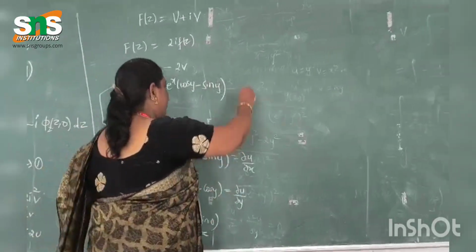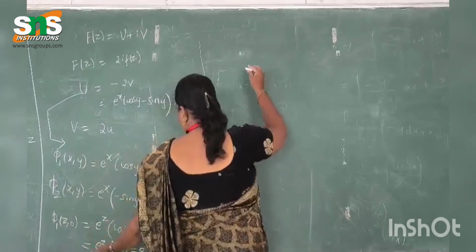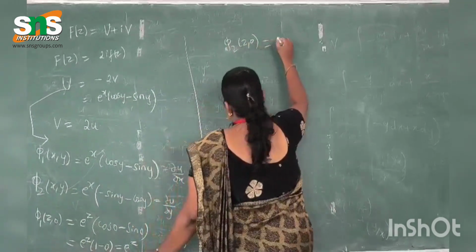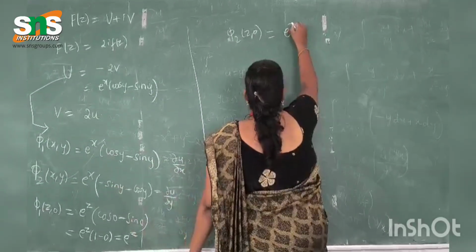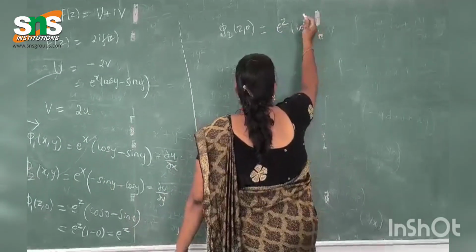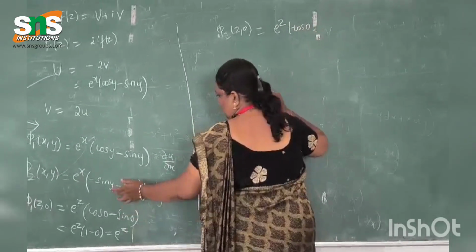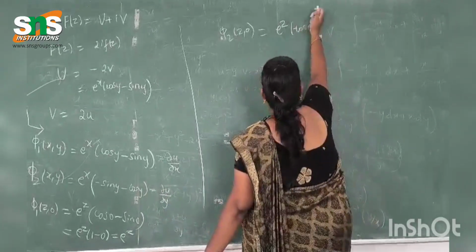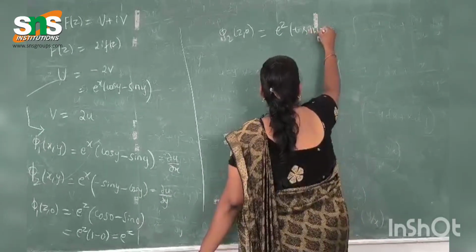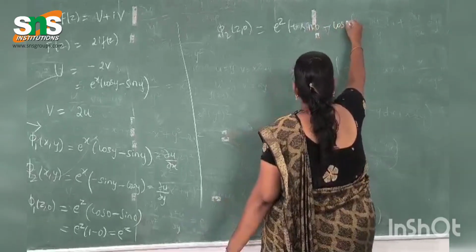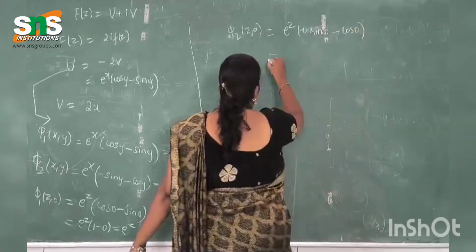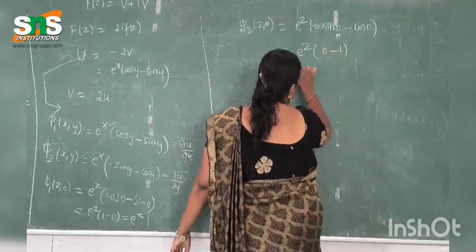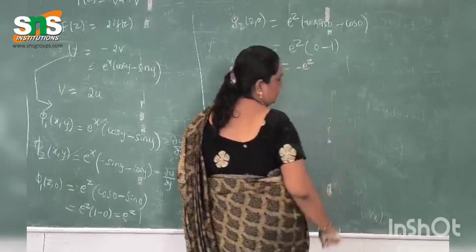Now we substitute the value for phi 2 of z comma 0. By substituting, we get e power z into minus sin 0 minus cos 0. We know the value of sin 0 is 0 and then minus 1, so we get minus e power z as the answer.